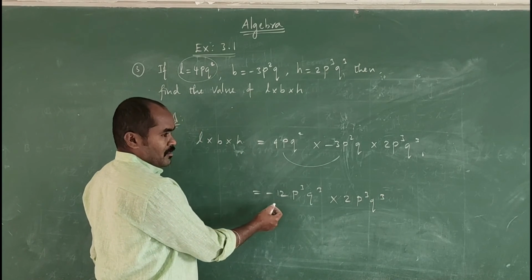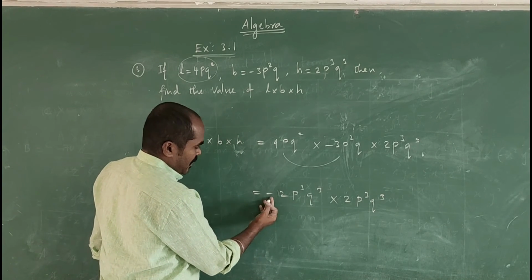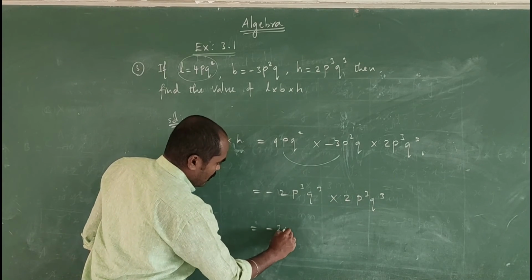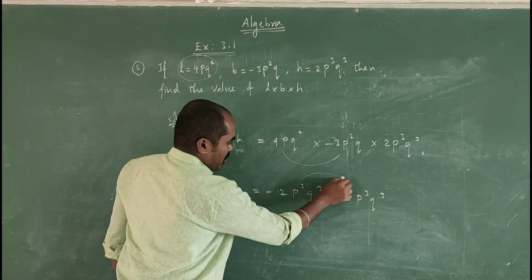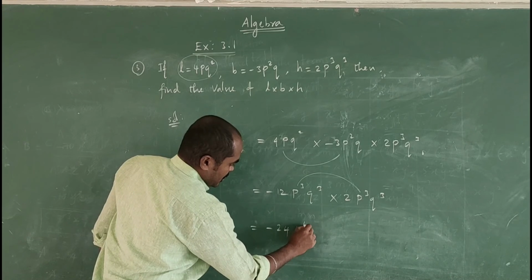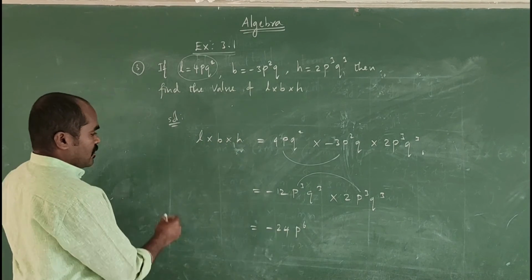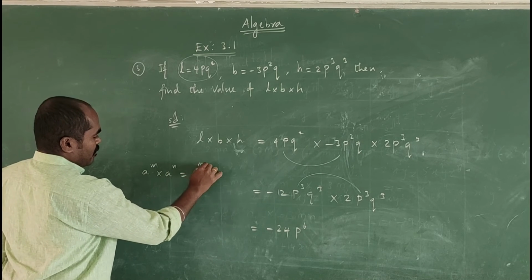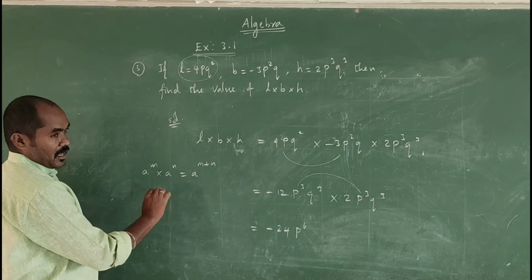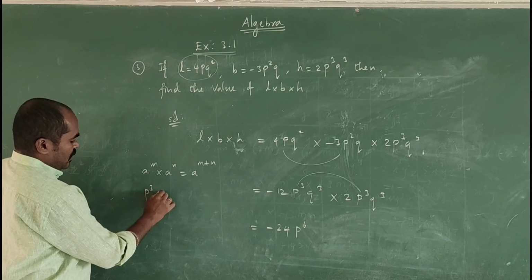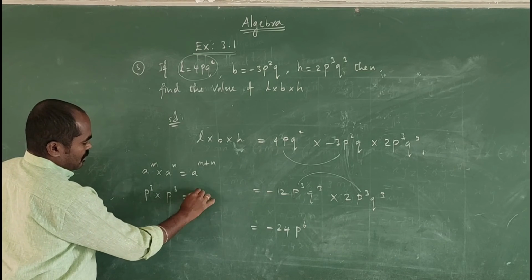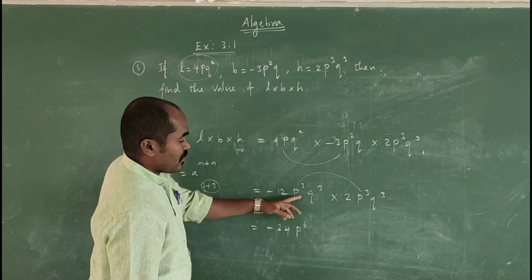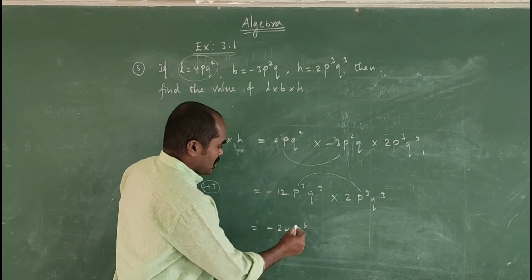First multiply the simple part: minus into plus is minus, 12 2s are 24. p cube into p cube is p power 6, not p power 9. You know a power m into a power n is a power m plus n, so we must add the powers. p power 3 into p power 3 is p power 3 plus 3, which is 6.